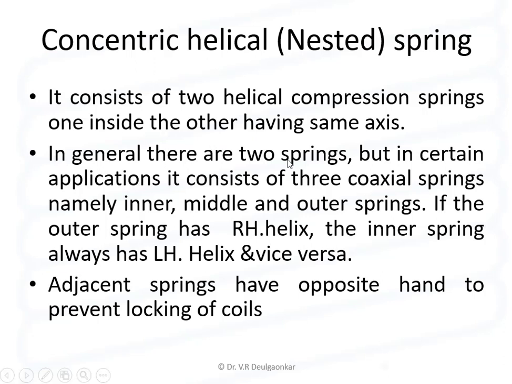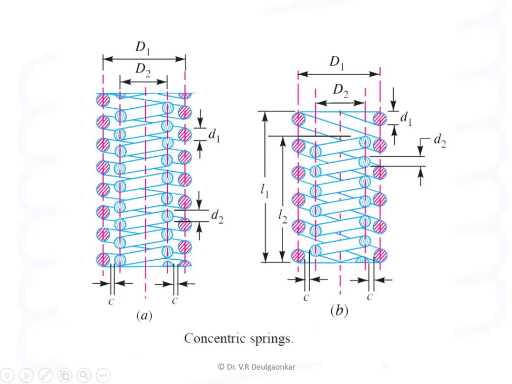In general there are two springs. However, in certain applications it consists of three coaxial springs, namely inner, middle and outer. If the outer spring has right hand helix, the inner spring always has left hand helix and vice versa. Adjacent springs generally have opposite hand to prevent the locking of coils.